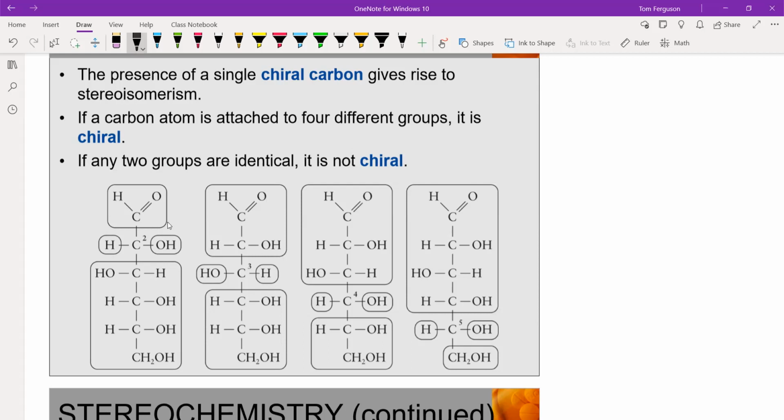Okay, if we look at the first one up here, we have 1, 2, 3 groups. So that first carbon is definitely not a chiral carbon. If we look at the second carbon, it's got 1, 2, 3, 4 that are unique. So the second carbon is a chiral carbon. Does everyone see that?